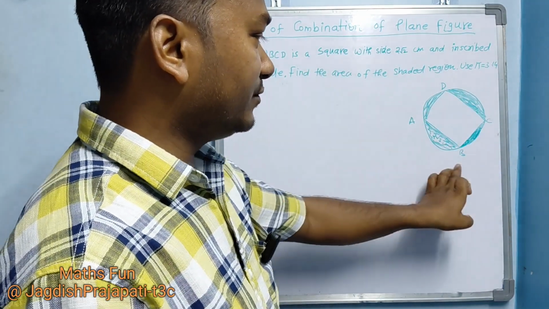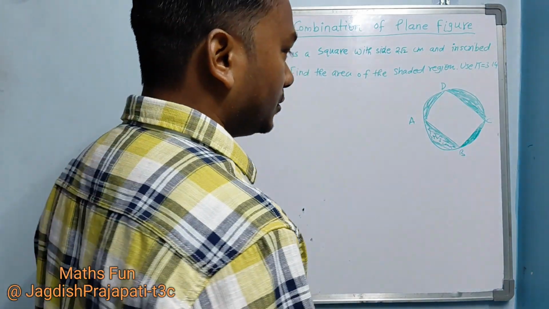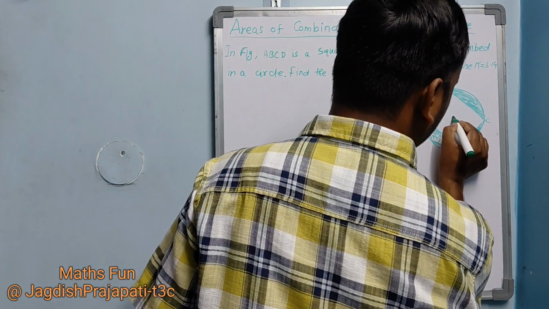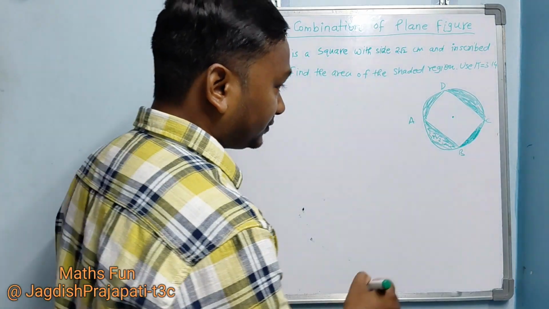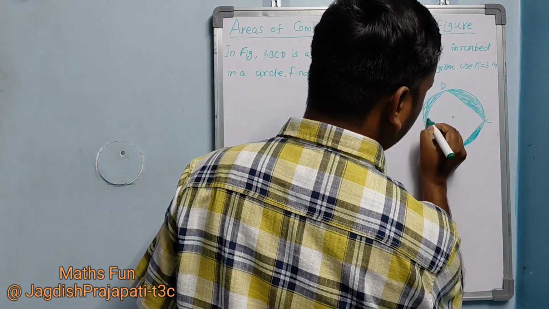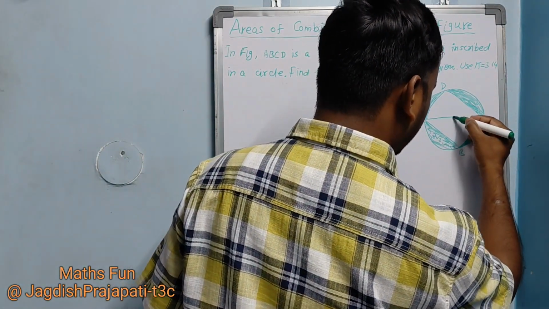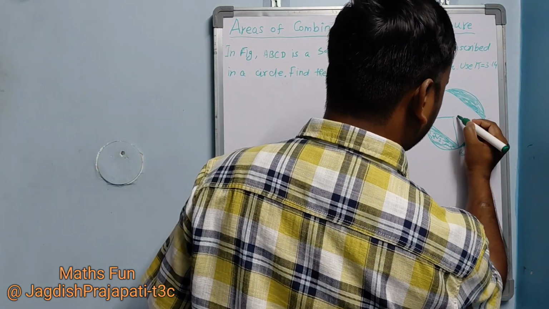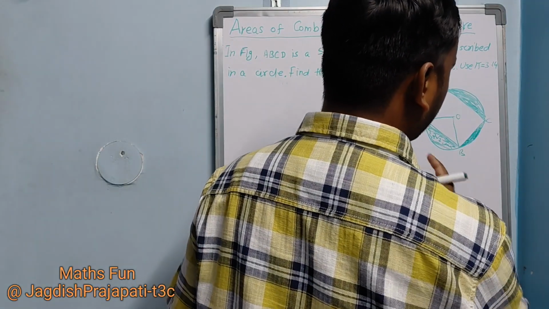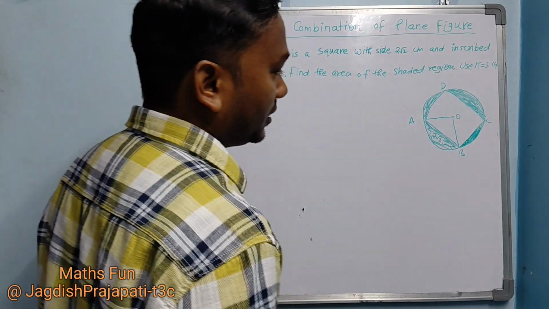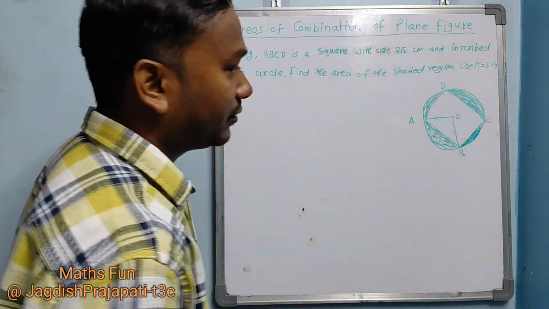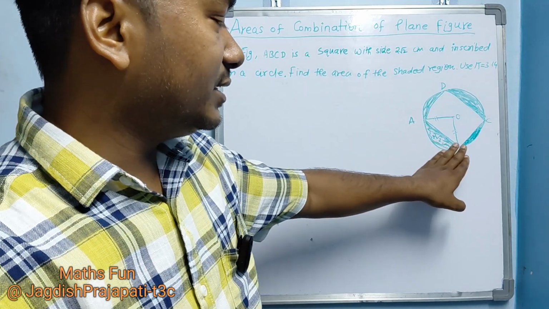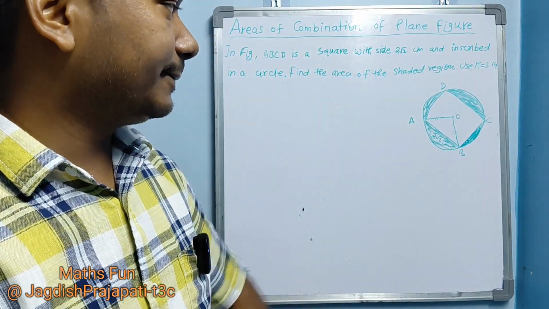This is a square, ABCD is a square. Suppose the center of the circle is this. If we join A and B with the center O, then this will be the radius of the circle.